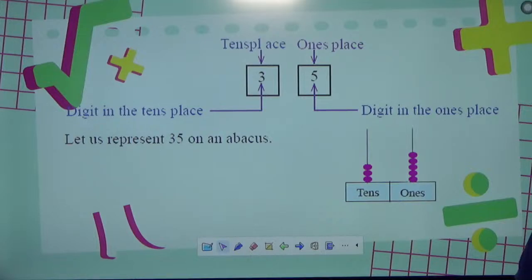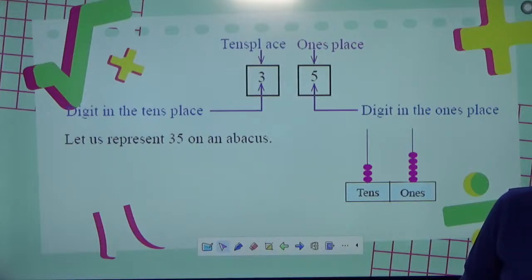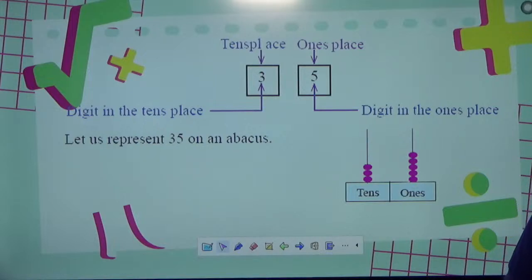If I am asking what is the value of 5, or otherwise if I ask what is the value of the digit in the ones place? I am not asking the digit. What is the value of the digit in the ones place? 5. Yes, 5.